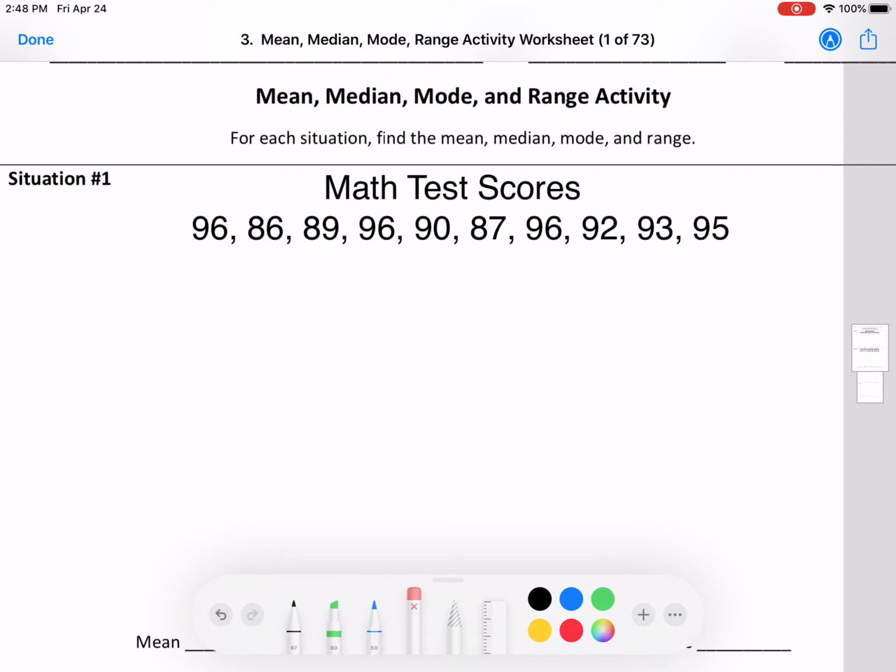First we're going to start by doing 96 plus 86, which gives us 182.